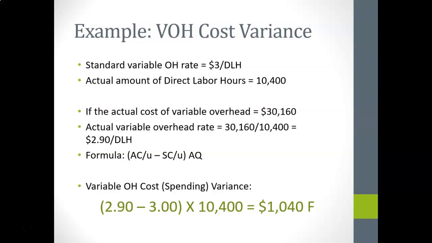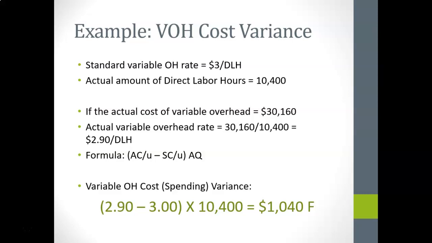So what would be our actual variable overhead rate? Well, that would be the $30,160 that we actually spent divided by the 10,400 actual direct labor hours. And we get $2.90 per direct labor hour. That's how much we actually spent per hour.